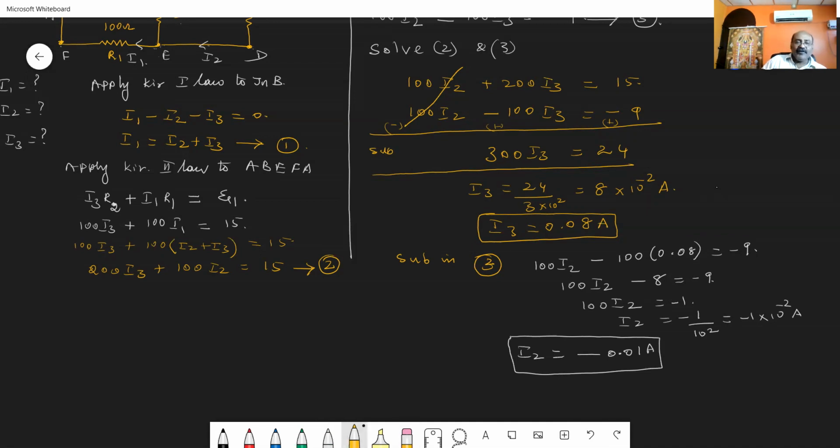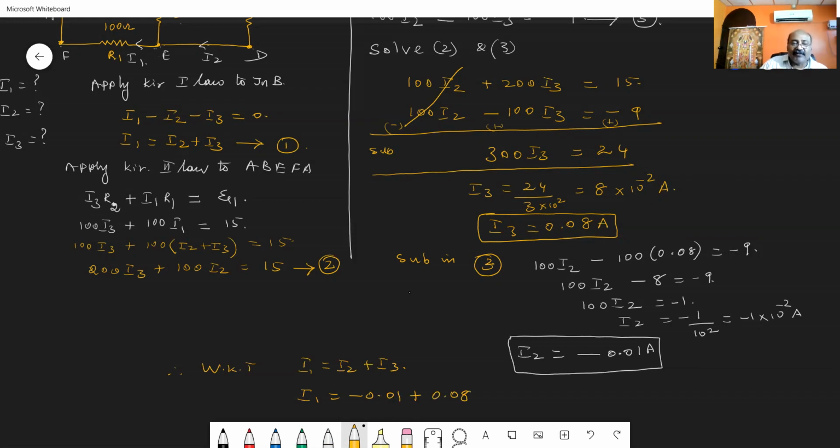Now, what is the value of I1? We know that from equation 1, I1 is equal to I2 plus I3. So I1 is equal to I2, which is minus of 0.01, plus I3, which is 0.08.